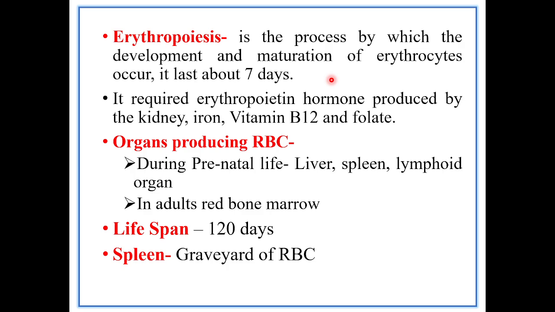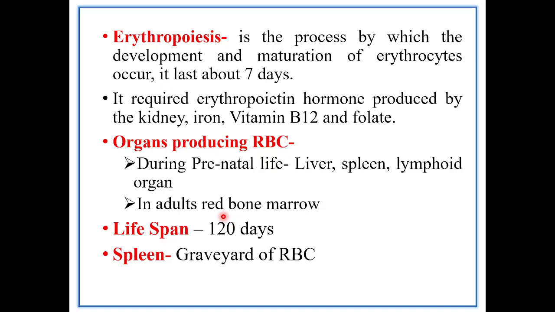It lasts about 7 days, and it requires erythropoietin hormone, which is produced by the kidney, iron, vitamin B12, and folate. During prenatal life, RBC are produced in the liver, spleen, and lymphoid organs, and in an adult, they are produced in the red bone marrow.